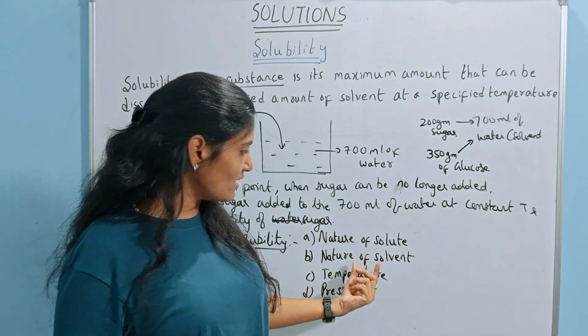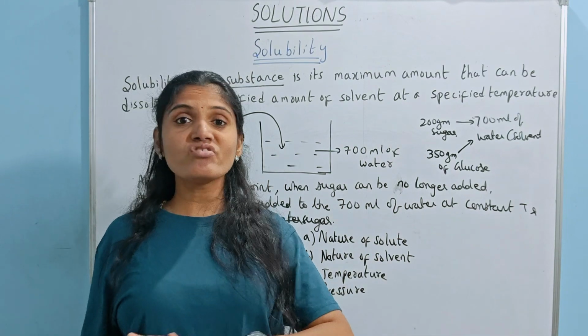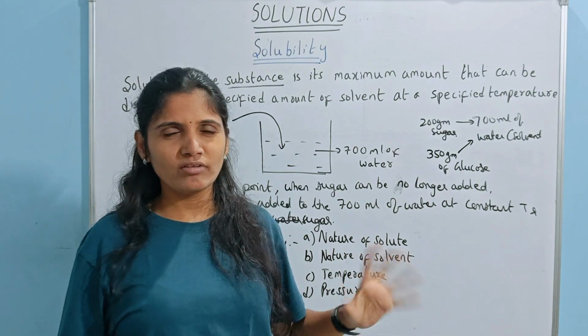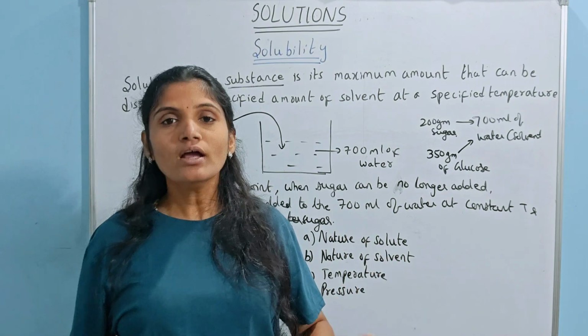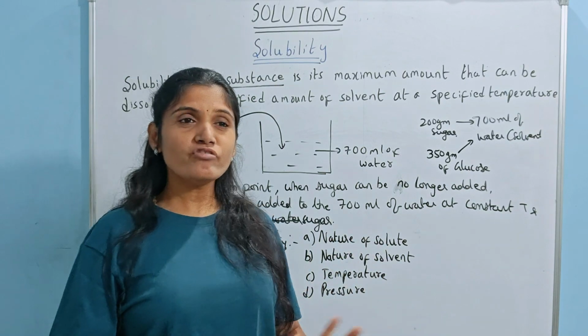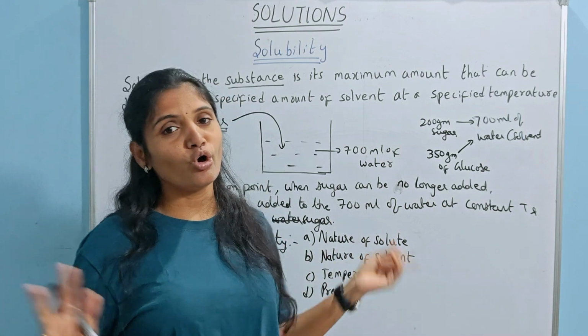We cannot generalize that increase in temperature will increase the solubility or decrease in pressure will increase the solubility. These change depending on what we are taking, depending on whether the solute is solid or gas.